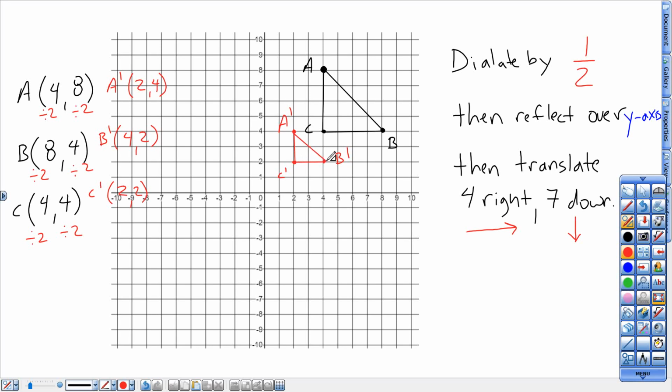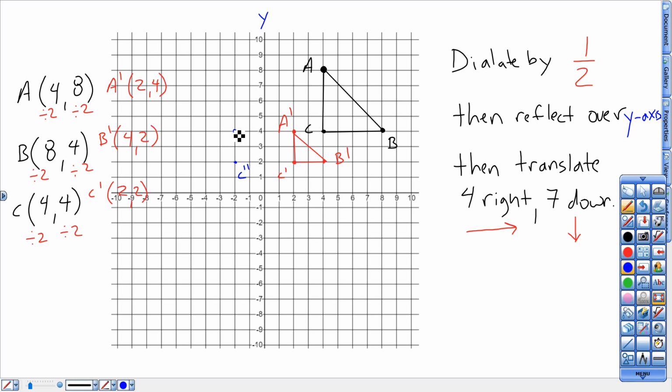Second step is to take that blue triangle and reflect over the y-axis, which is this one right here. This is the y-axis. So if I reflect over the y-axis, equal distance. If that one is 2 to the right, the new one in blue is going to be 2 to the left. That's C double prime. A is 2 to the right.